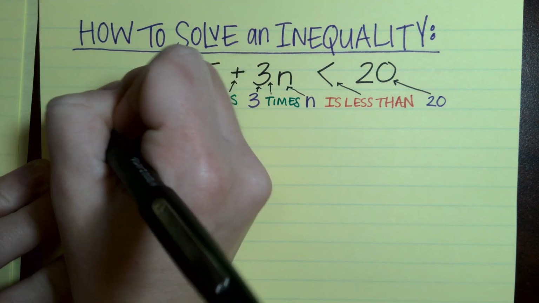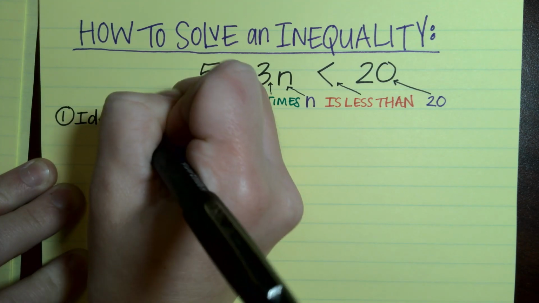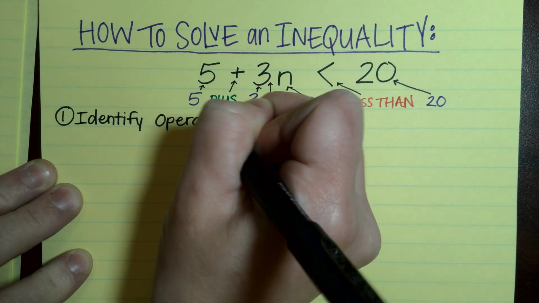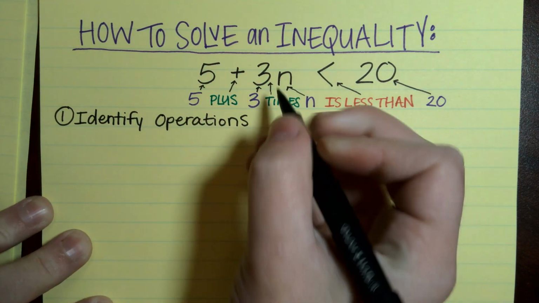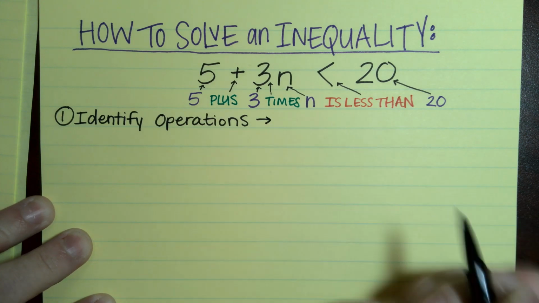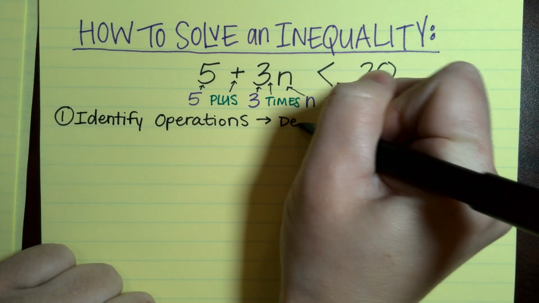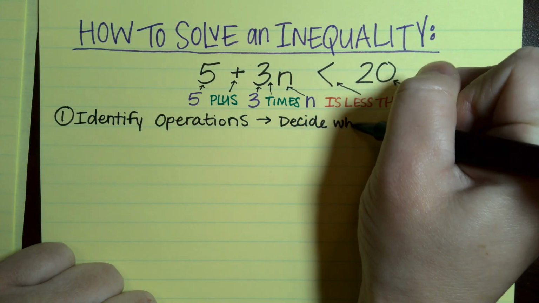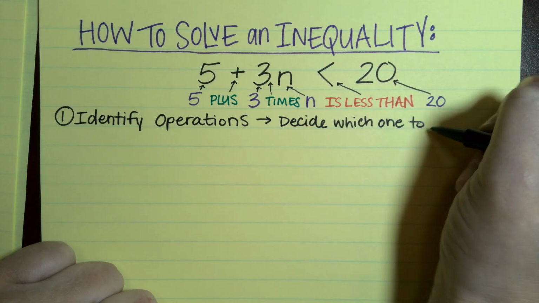So I want you to write identify operations. And I'll say decide which one to undo first.